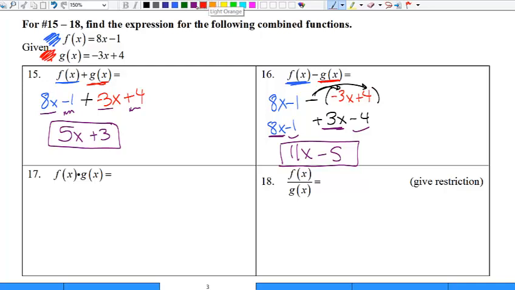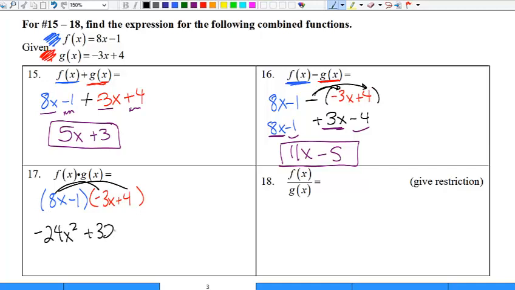For number 17, we have g of x times f of x. So we have f of x in blue times g of x in red. And so this is just to distribute. So we have negative 24x squared, because 8 times negative 3 is negative 24, plus 32x, and then I'm going to come back and grab the negative 1.